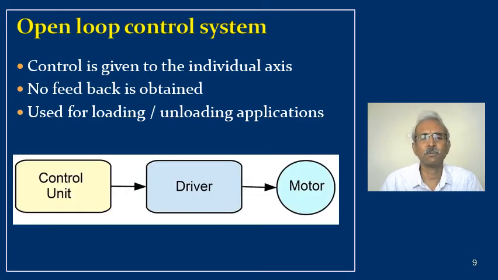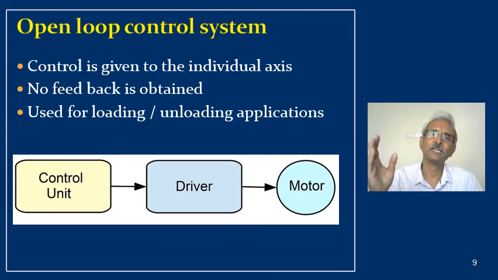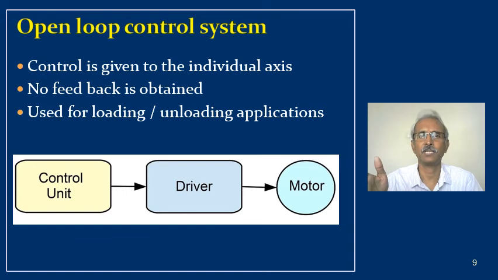So this is what I was saying. This is a control unit which gives signals or pulses. It goes to the driver and then it drives the motor, assuming that 30 degrees has been achieved. And the second thing is, even if there is a small error of say 0.5 degrees, my objective is met. Every time we talk about accuracy, why do you want to compromise on the 0.5 degrees?